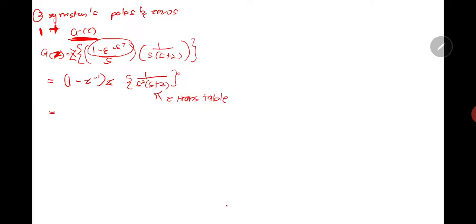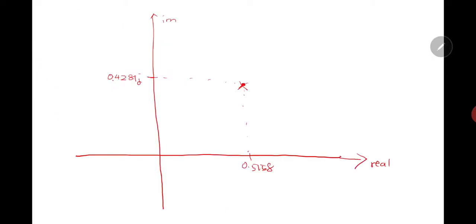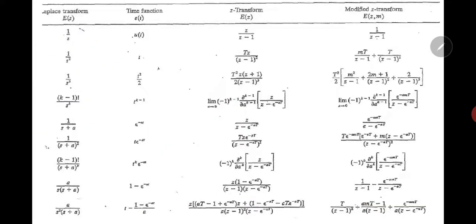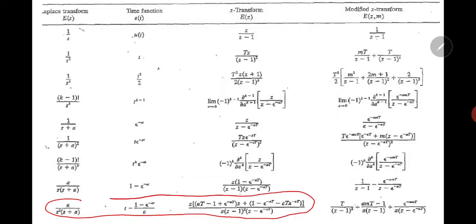If you look at the table, this equation is the one that we are going to use. Just now we have 1 over s square, s plus 2, but in the table it is in the format of a over s square, s plus a. So we need to multiply our equation by 2 and divide by 2, so that we will have 1 over 2, 2 over s square, s plus 2.